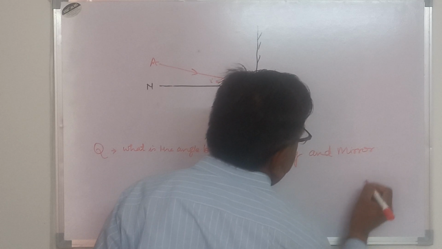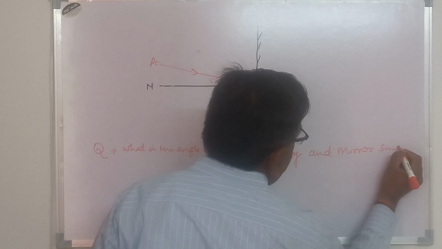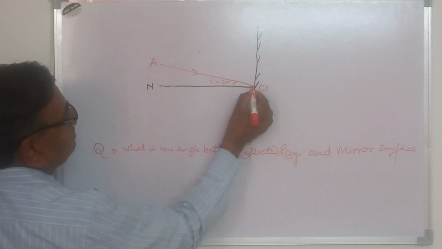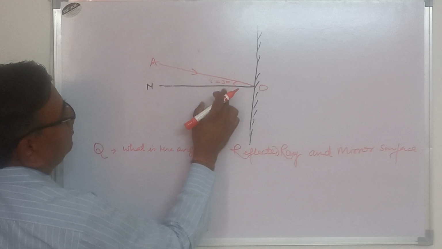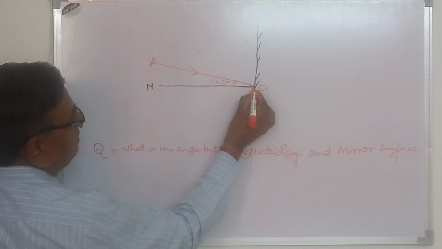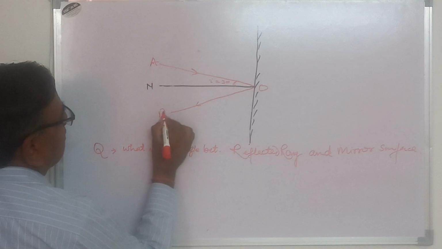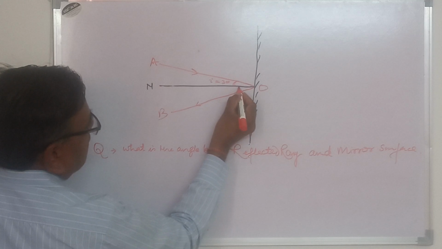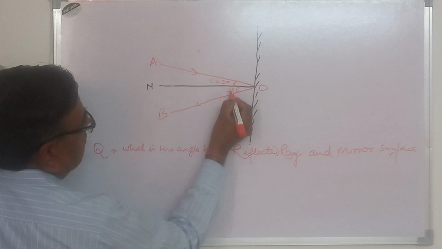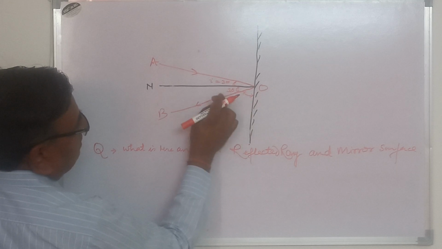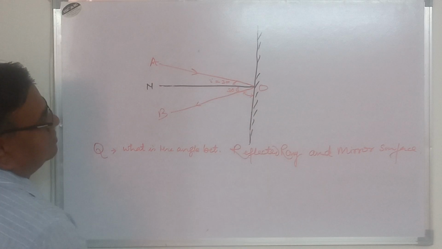So draw the reflected ray. i is equal to 30, the reflected ray r is also 30. This is the reflected ray, and this angle is also 30. He is asking this angle, between the reflected ray and the mirror surface.